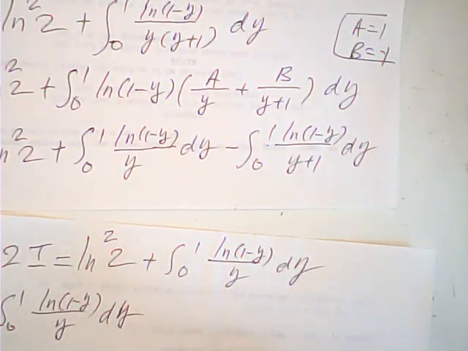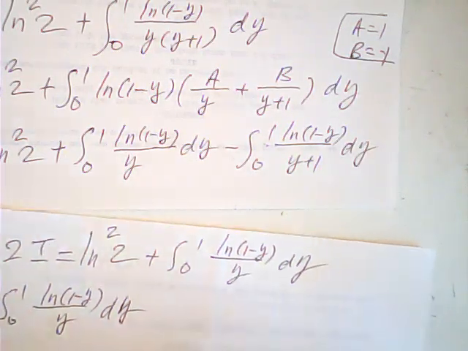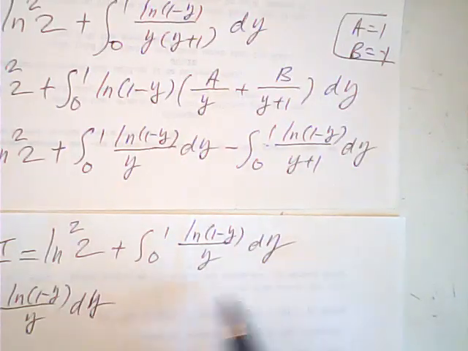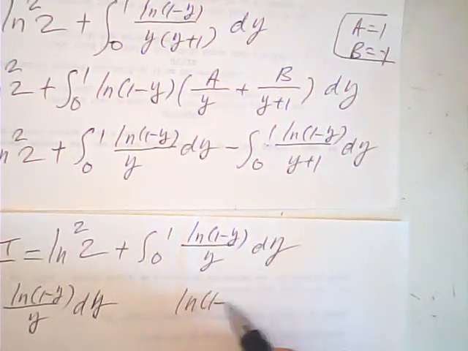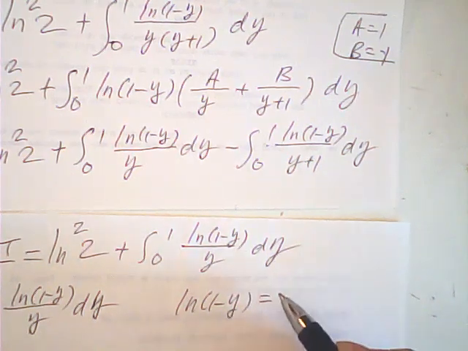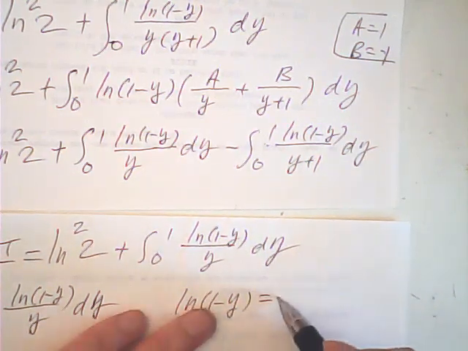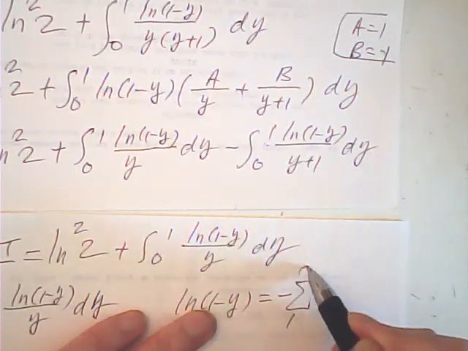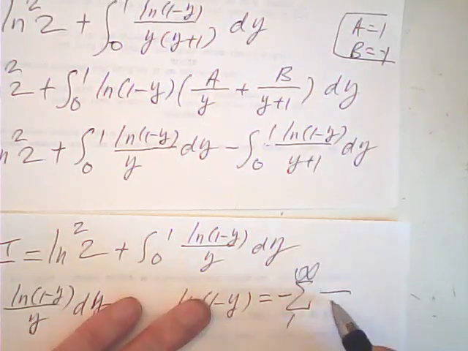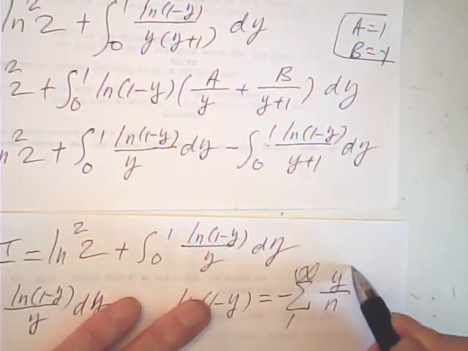Well, we are using this because log of 1 minus y is equal to negative sigma 1 to infinity y^n over n.